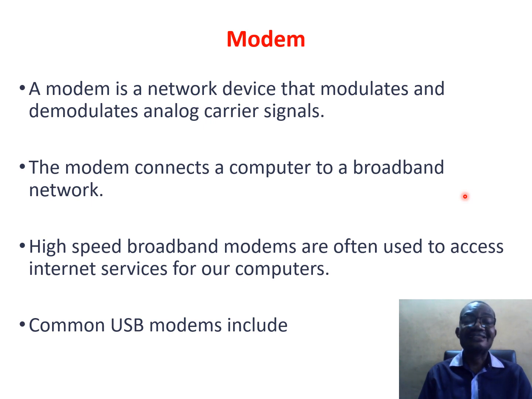Modulation is a process of converting data into radio waves in order to transmit it across a distance. That radio wave is then demodulated back into the actual data that was transmitted.